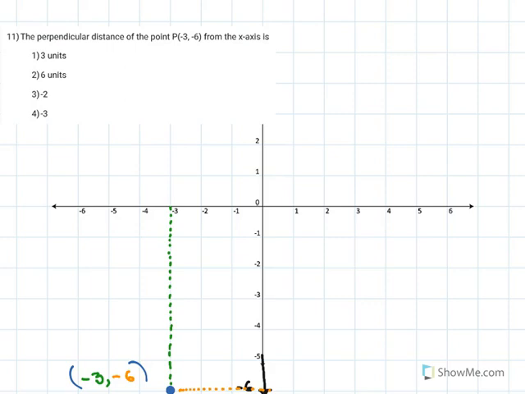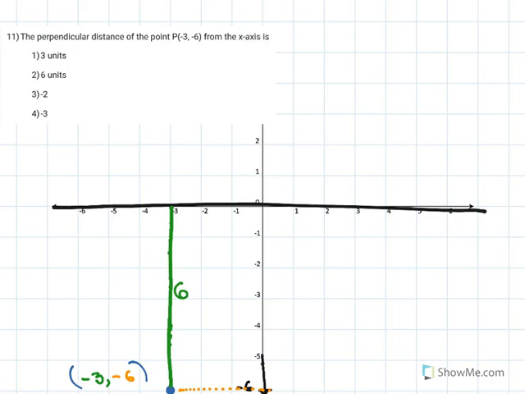Now what will be the perpendicular distance from the x-axis? Now here is your x-axis. So what is the distance of this point from the x-axis? The distance of this point from the x-axis is given by this line. This is the distance from the x-axis. And you know that is 6.